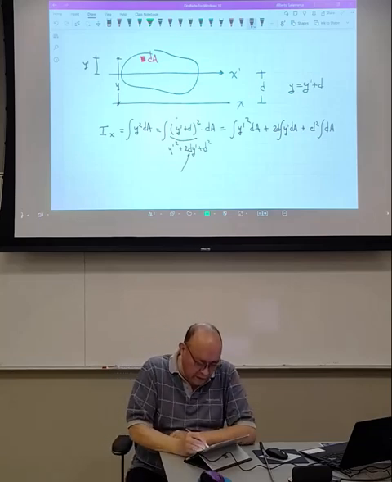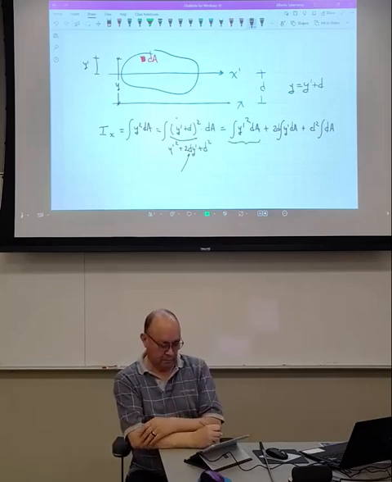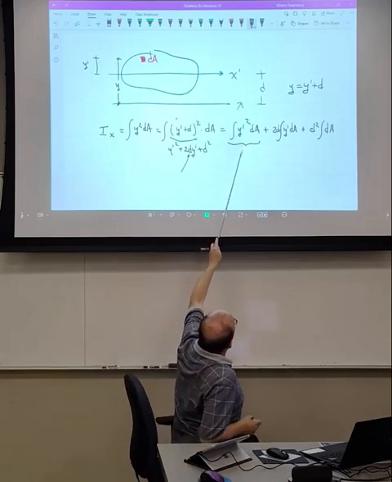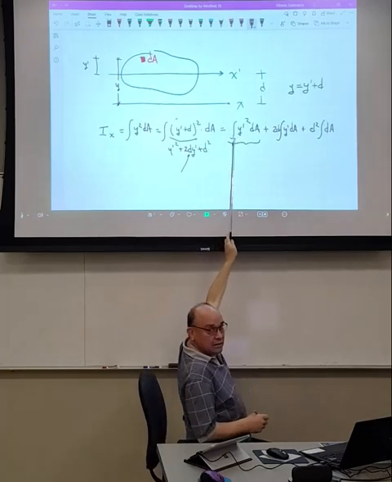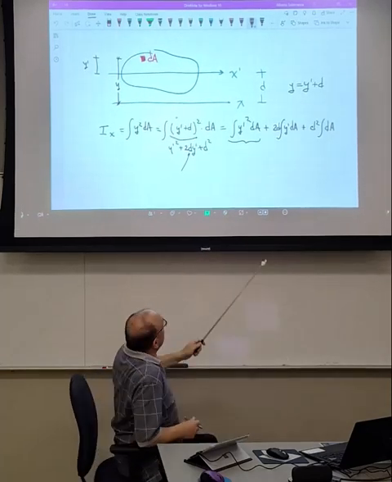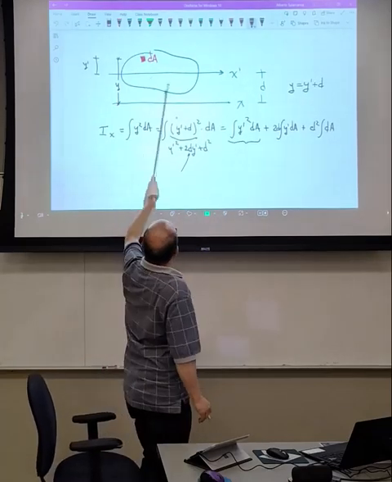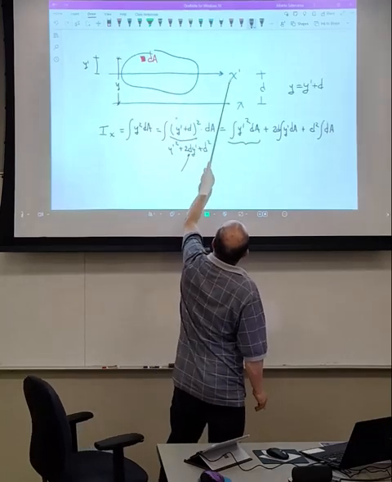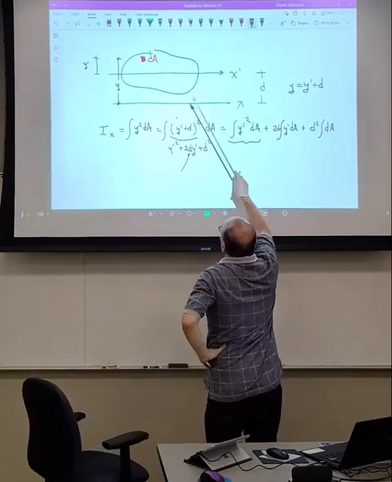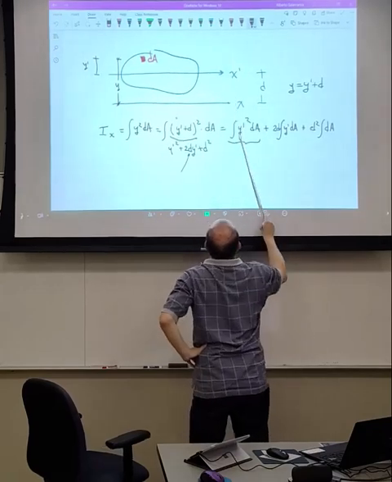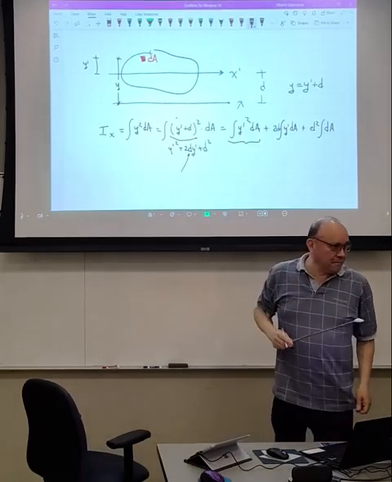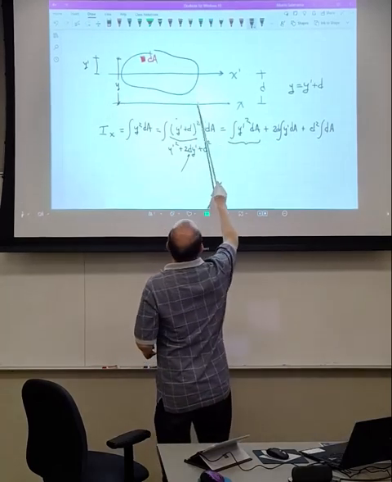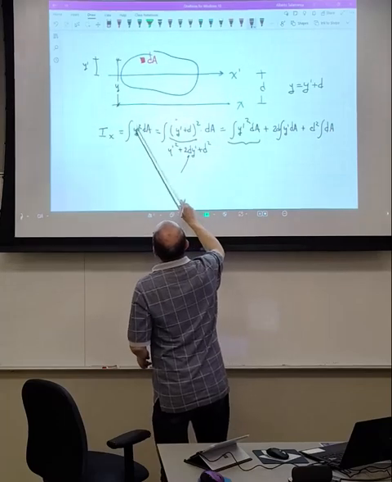What is this? This is the moment of inertia of an area with respect to the x prime axis, right? So this is the moment of inertia of this figure with respect to this axis. I am trying to calculate the moment of inertia with respect to x, which is the integral of y squared dA.